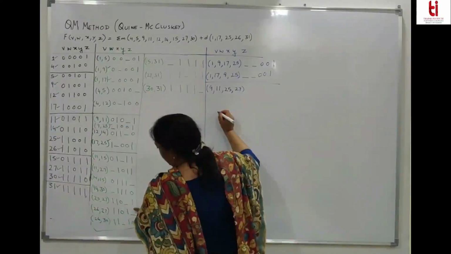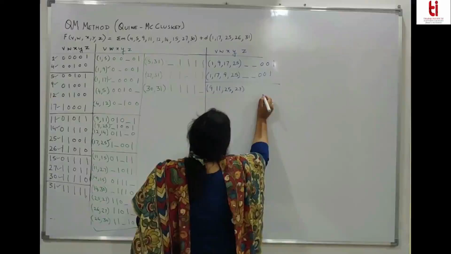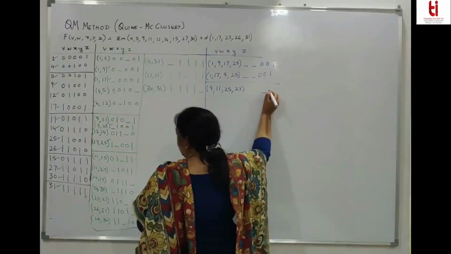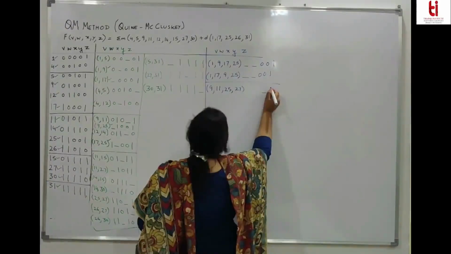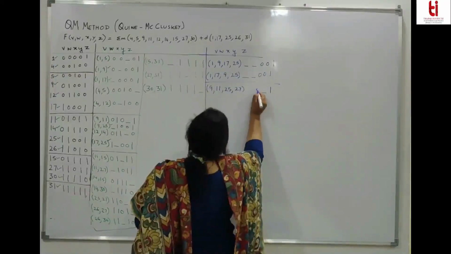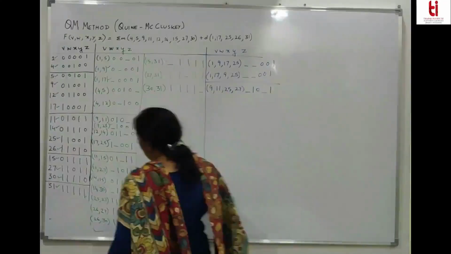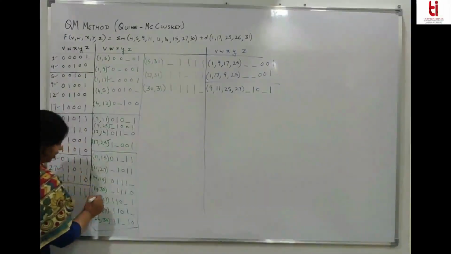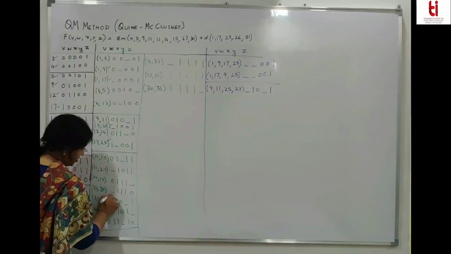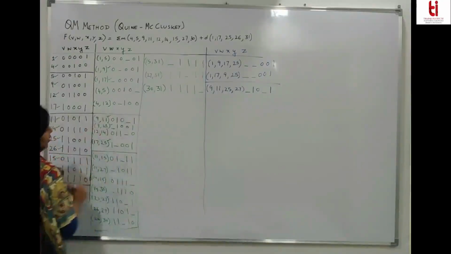They have a dash at this position. Last bit is 1, 9, 11, 1. This bit is same, this is same, and this bit is changing. 9, 11, 25, 27.